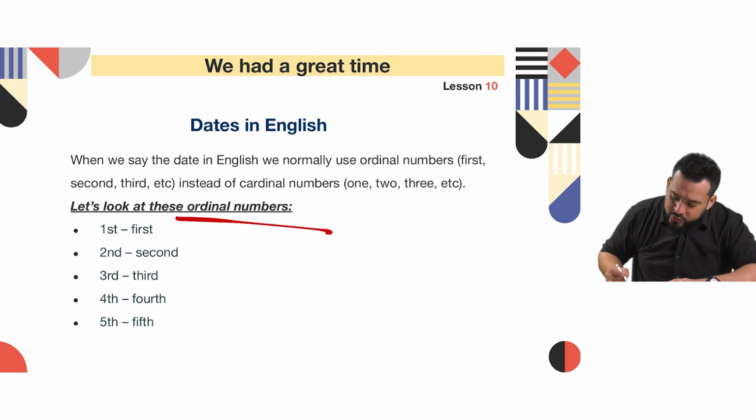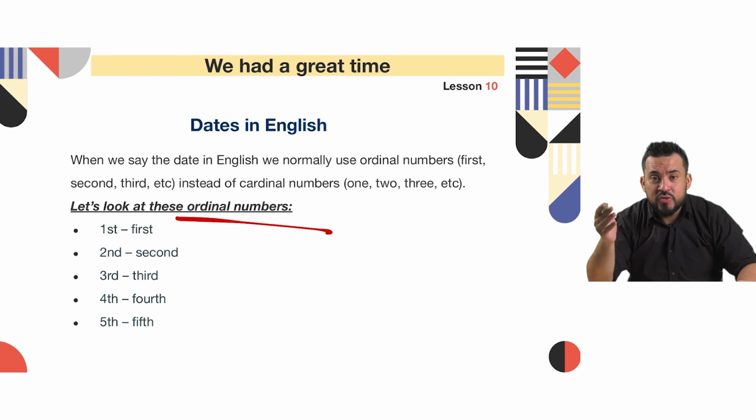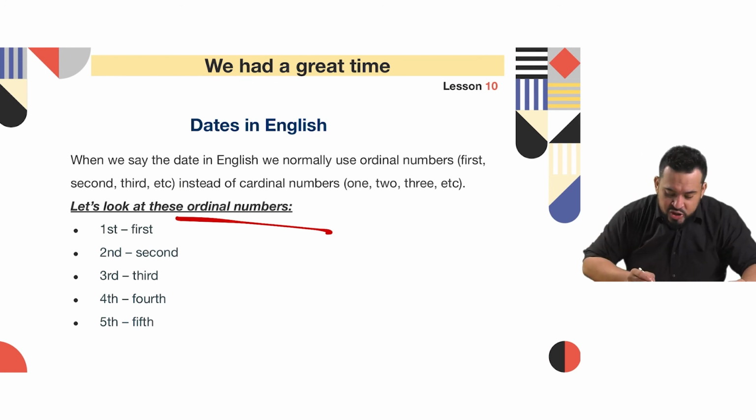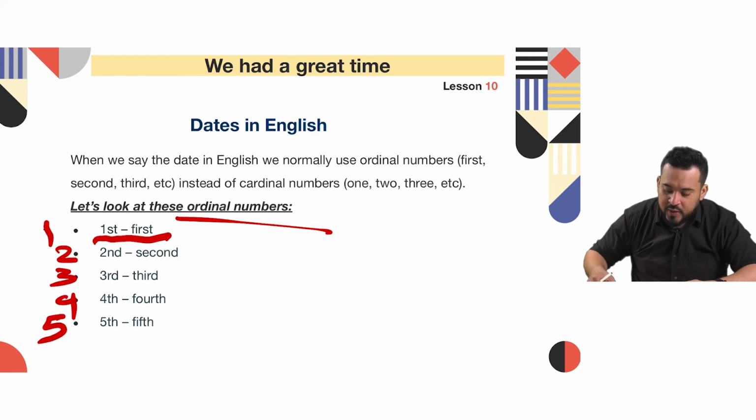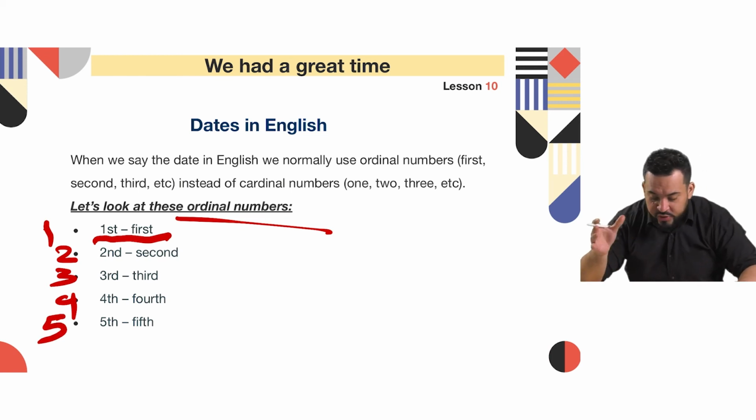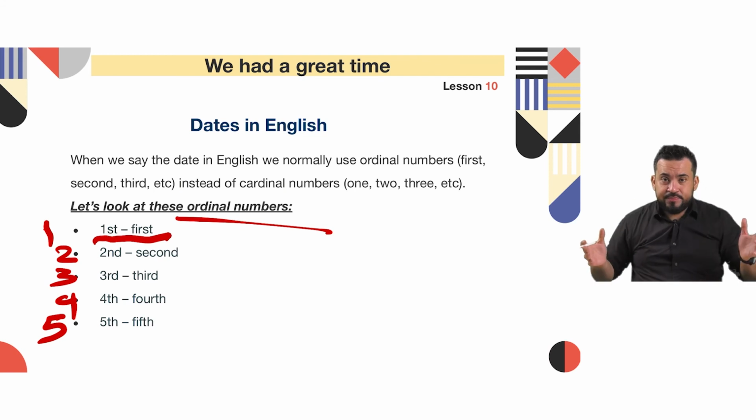Now, let's take a look at ordinal numbers. What are ordinal numbers? We don't say one. One is just a regular number. We say first. We don't say two, we say second. We don't say three, we say third, fourth, fifth. All right, let's practice. Ordinal numbers are used in dates, okay?